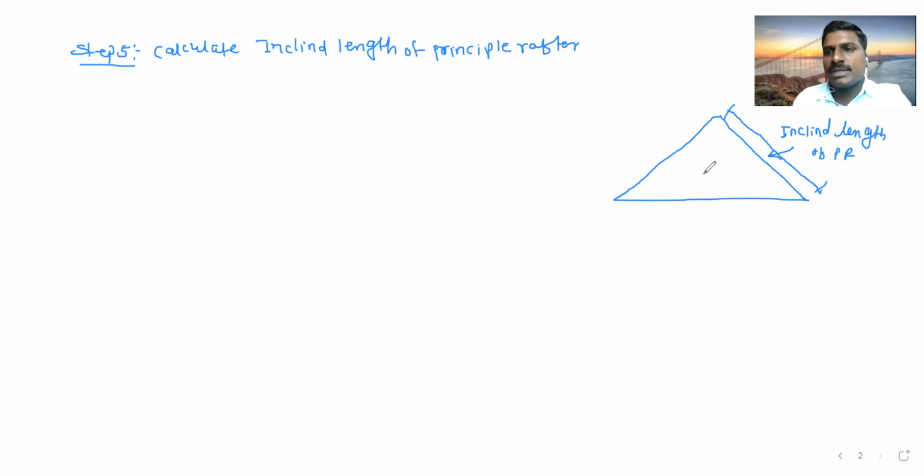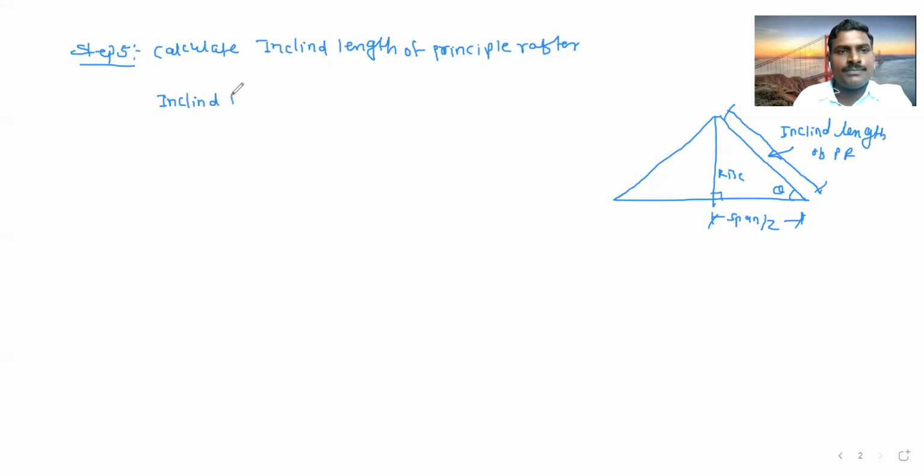So how to calculate this inclined length? This rise is known, this theta is known, this is span by 2. Span by 2 is known, rise is known. So how can we calculate? Tan inverse of rise by span by 2.